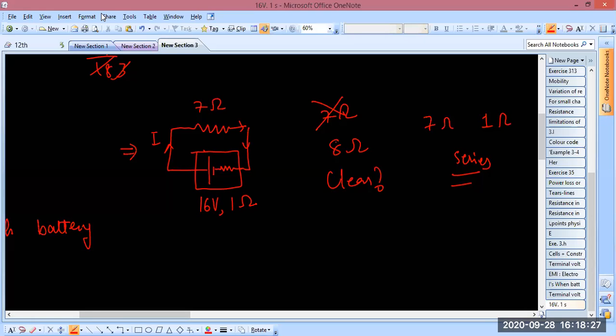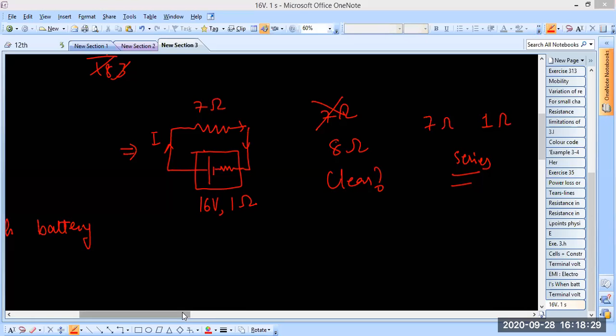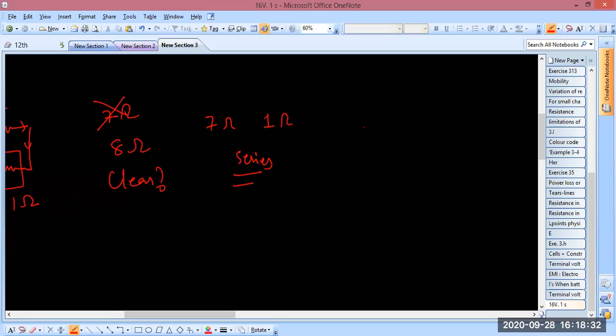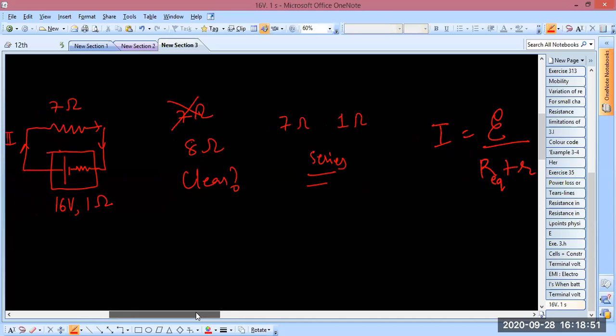Right, in the figure. And yes, for those who love formula, this is the formula of current. I hope that makes sense, because it's actually like that.